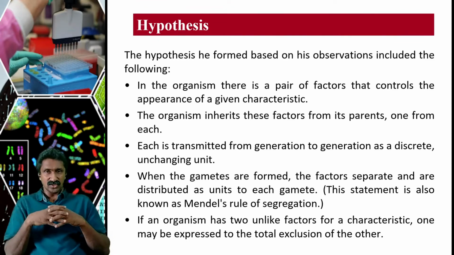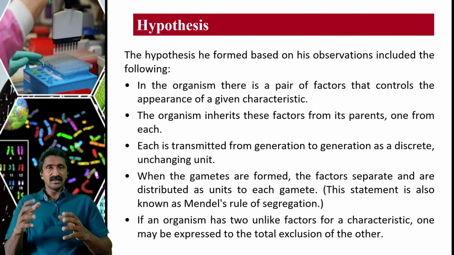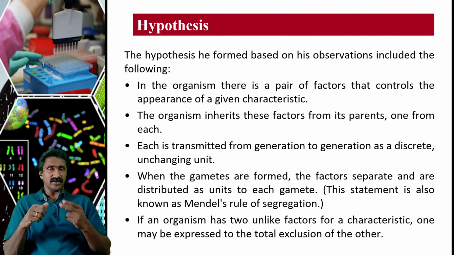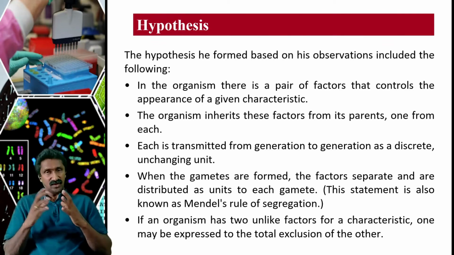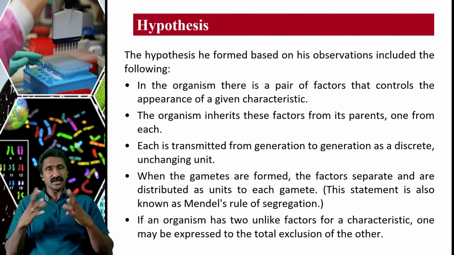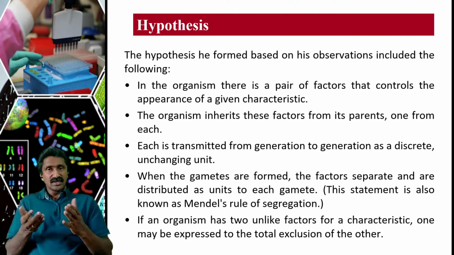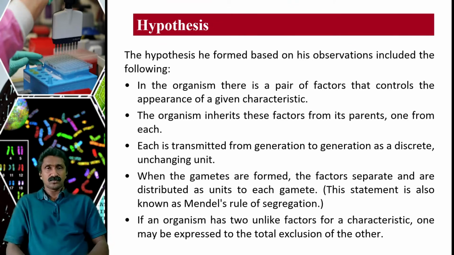So that's a very clear statement. A pair, that means two factors, control the appearance of a particular characteristic, flower color or height, etc. And the organism inherits these factors from its parents, one from each. So that's also a very clear statement that can be tested.